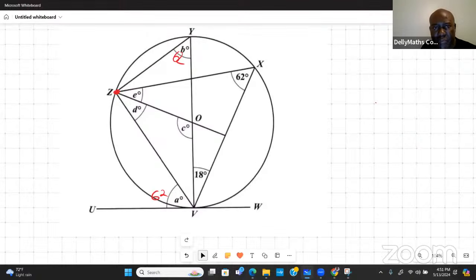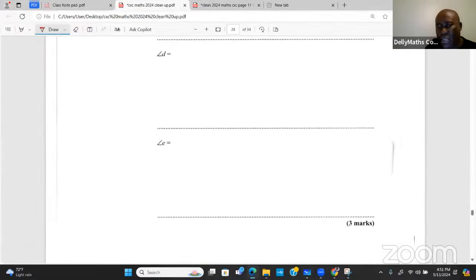D. Now, remember though that we got 124 here, right? And this is an isosceles triangle. If this is the center, from O to Z is equal to from O to V. So isosceles triangle right there. So to find D, I'm going to do some working now. D is going to equal 180 subtract 124, and then I'm going to have to divide it into two equal pieces.